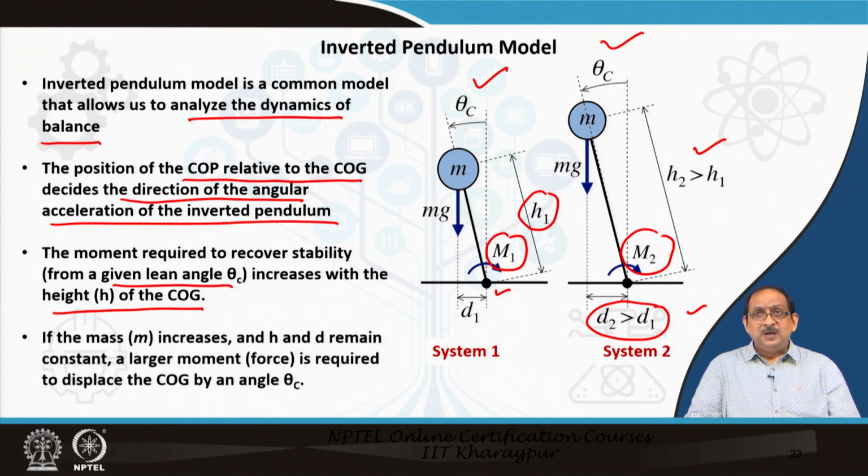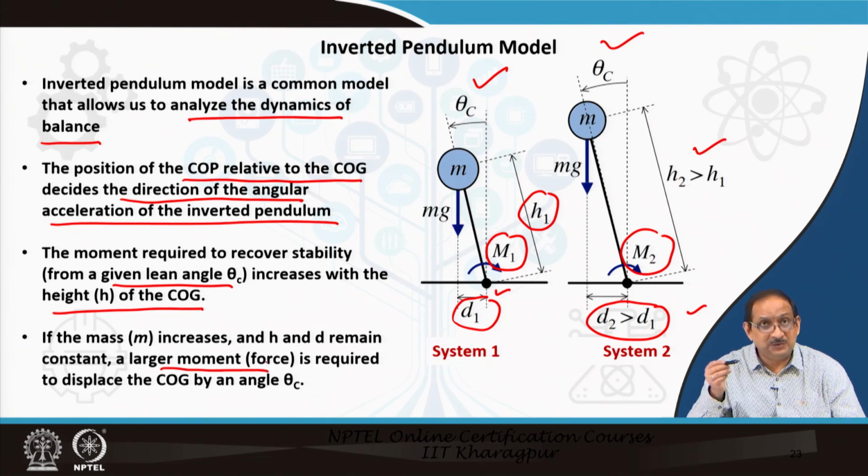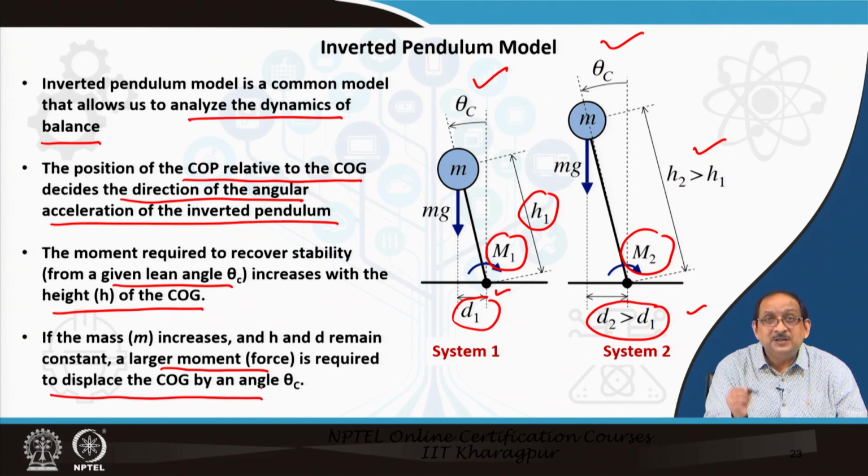Furthermore, if we keep the height and the lever arm d constant, but increase the mass m, then obviously a larger moment and of course a larger force is required to displace the center of gravity by an angle theta c.